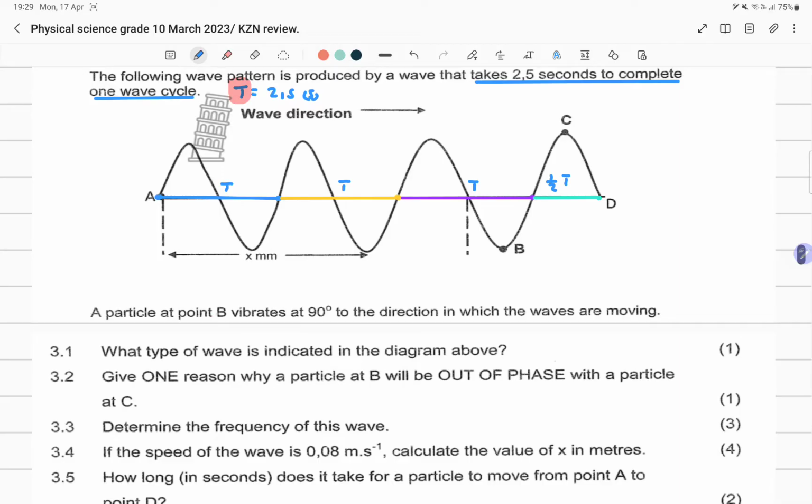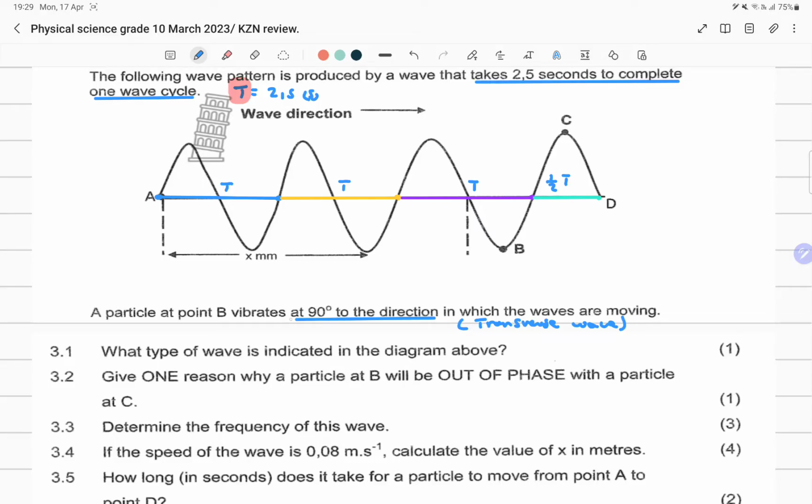Now it says a particle at point B vibrates at 90 degrees to the direction in which the wave is moving. Whenever the pulse is at right angles to the direction of movement of a wave, this already tells us that we're dealing with a transverse wave.